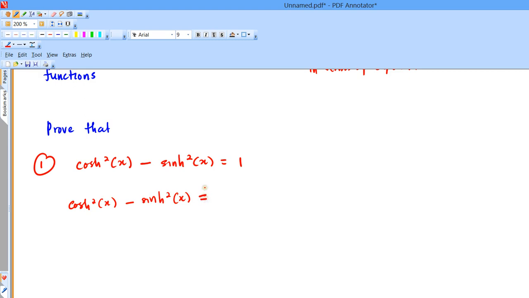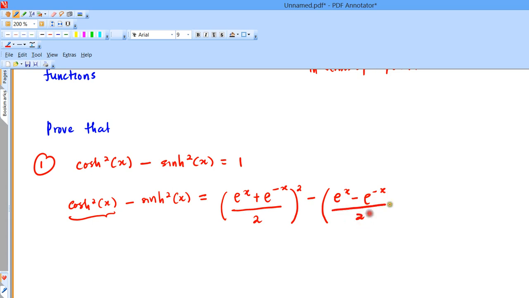Equal to, now hyperbolic cos square x based on the definition of hyperbolic function is actually equal to e power of x plus e power of negative x divided by 2, and then we have square, minus hyperbolic sin square x, e power of x minus e power of negative x over 2, and then square.